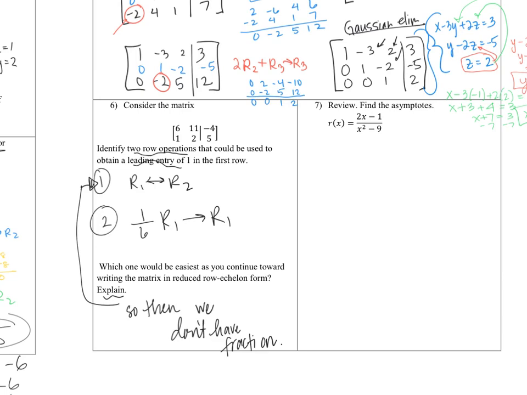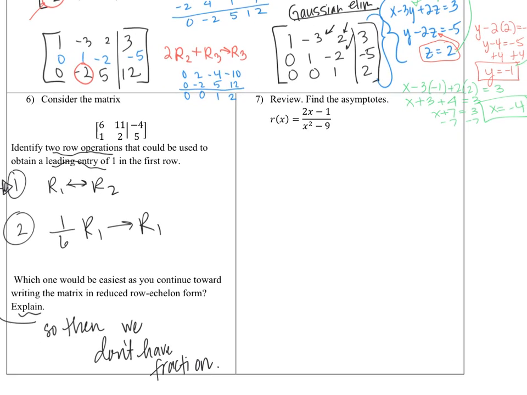All right, for number 7, this is a little review. It just wants us to find the asymptotes of this rational function. So remember that we have vertical asymptotes, and we also have horizontal or slant. So I know that I do not have a slant, because slant only happens if the numerator is 1 more than the denominator, and we don't have that. In fact, we actually have that the denominator is growing faster than the numerator.